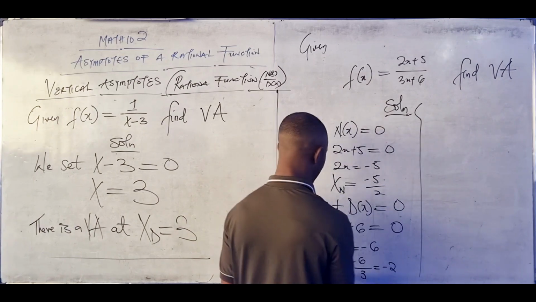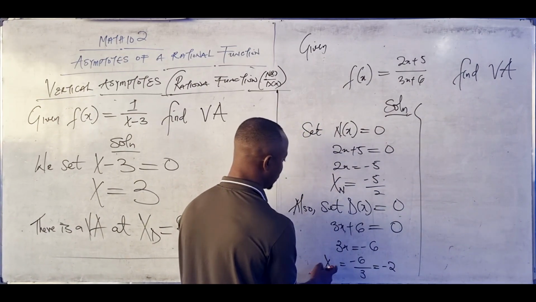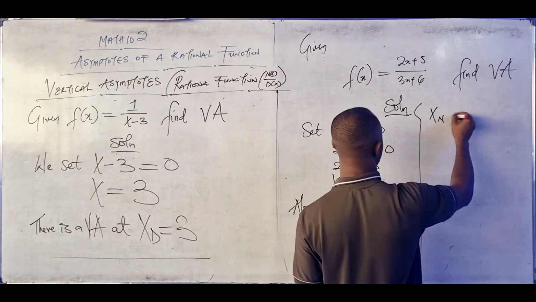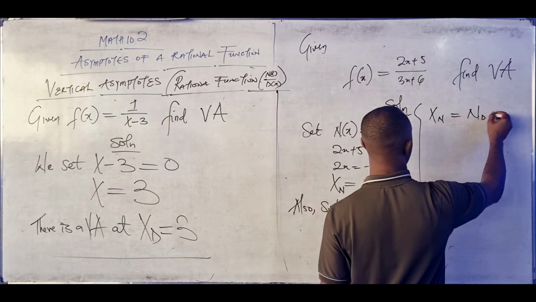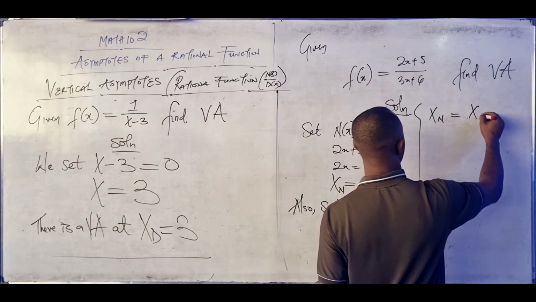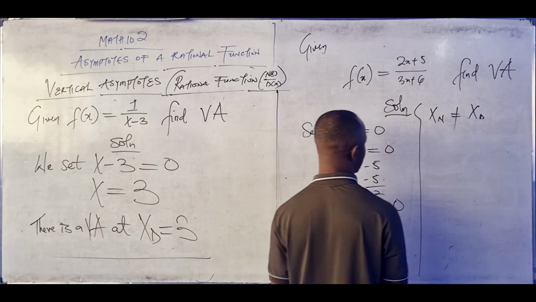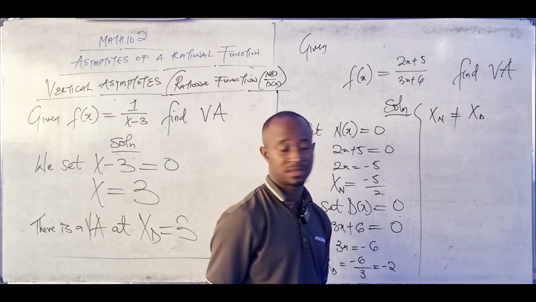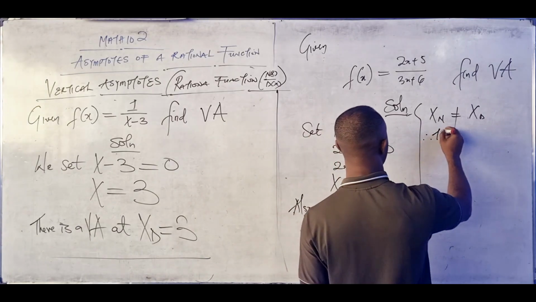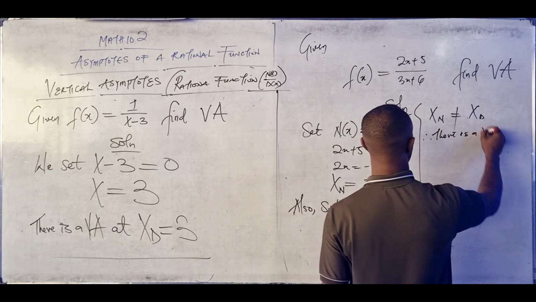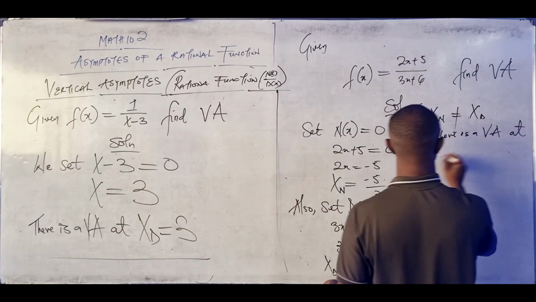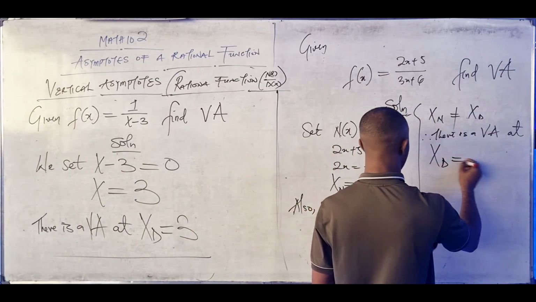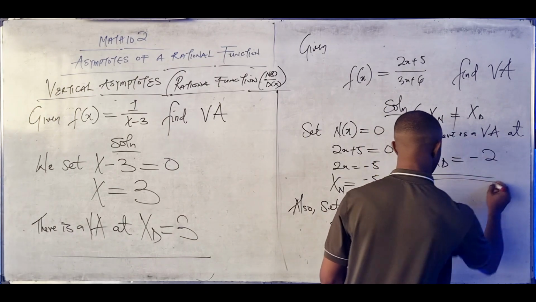Here x_D is minus 2. Is x_N equal to x_D? Since x_N is not equal to x_D, therefore there is a vertical asymptote at x_D equals minus 2.